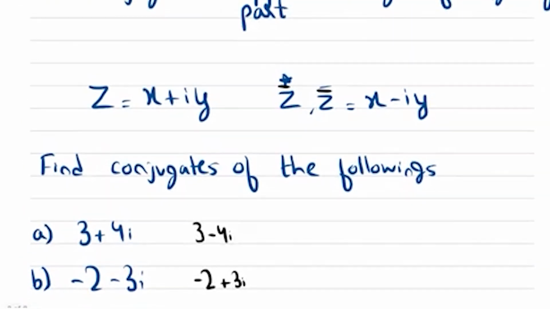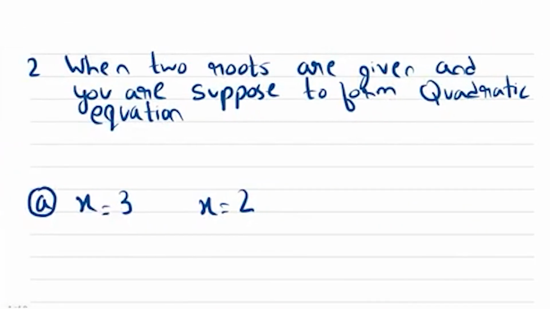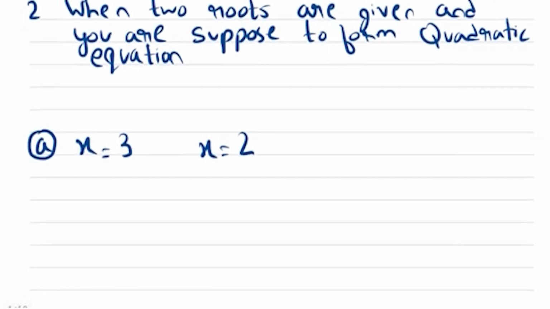So are you clear with the first point? That's what? Conjugate. x plus iy becomes what? x minus iy. Let's move to the second point of section 1. So guys, when you are given 2 roots and you are supposed to form a quadratic equation, how do you make that?